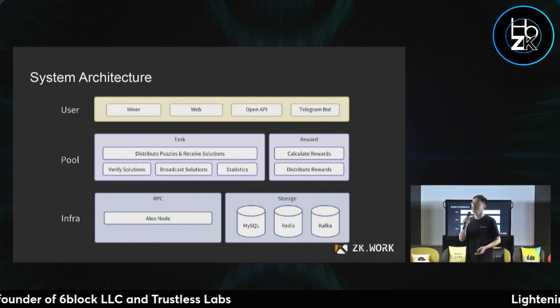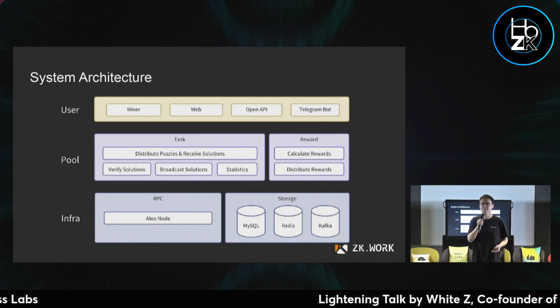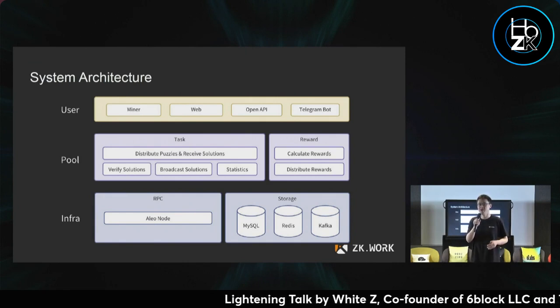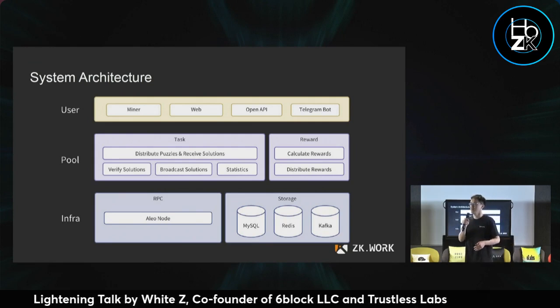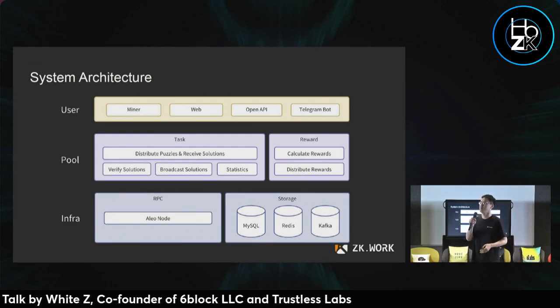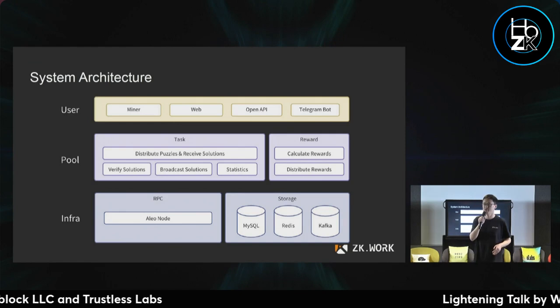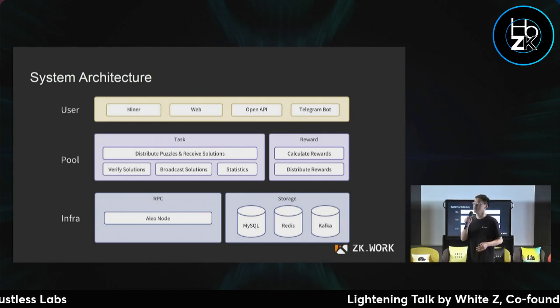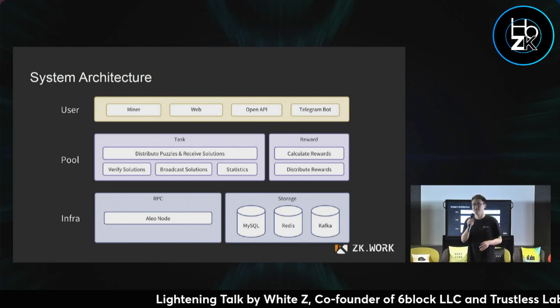It has two parts. The left part is the task part, which is used to distribute zero-knowledge mining tasks to the miners, and it has four different modules. The first module distributes tasks, puzzles, and receives solutions. The next verifies solutions, which are calculated by all the miners in the mining pool.